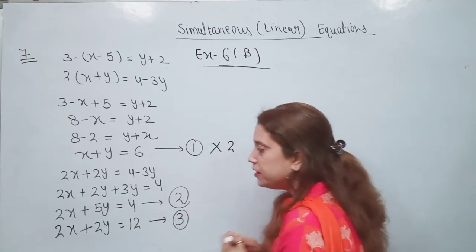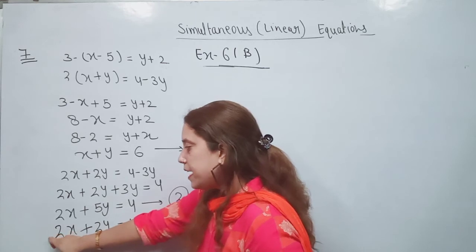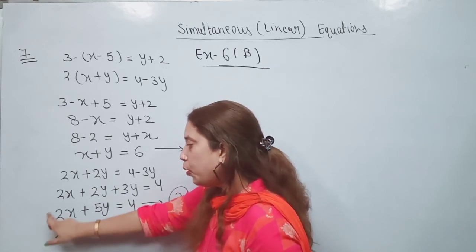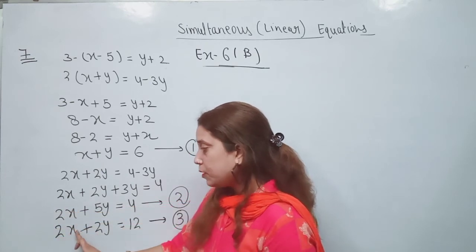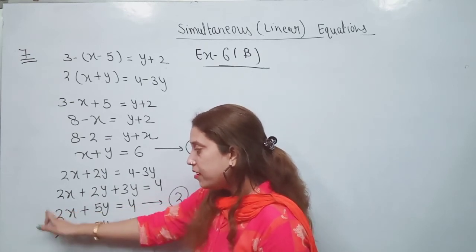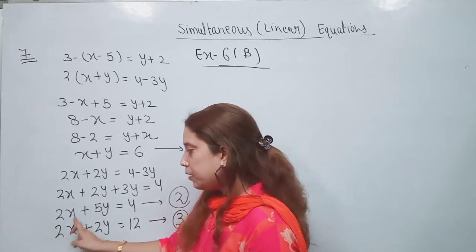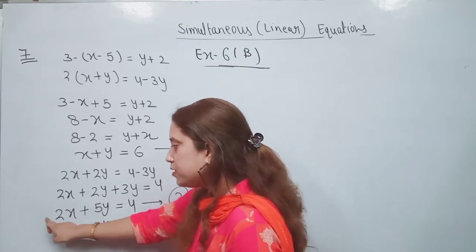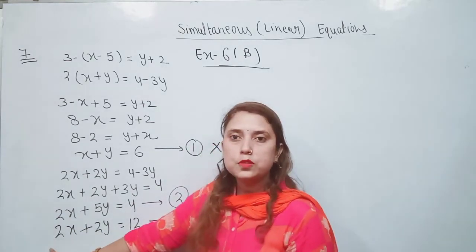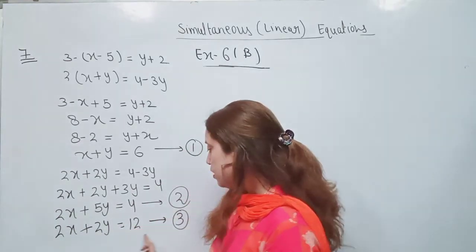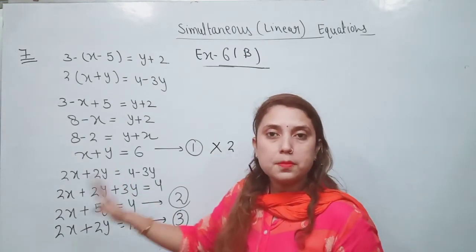Now after that we will check the sign. Equate the variable, then we will check the sign. In both equations, the sign of the coefficient of x is the same: in equation second it is plus 2 and in equation third it is plus 2. If the sign is same, then we will do subtraction.